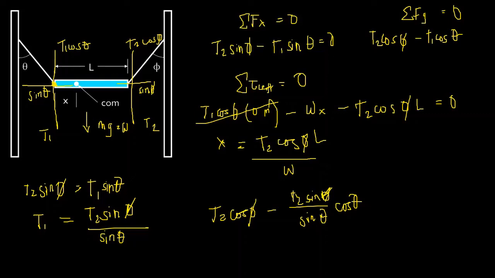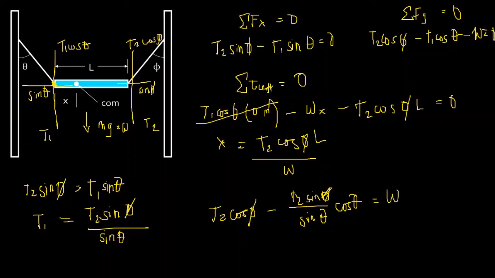So, minus W is equals to 0. Ayan. So, continuing. T2 cosine phi minus our derived value for T1, T2 sine phi over sine theta times cosine theta is equals na ngayon sa W.